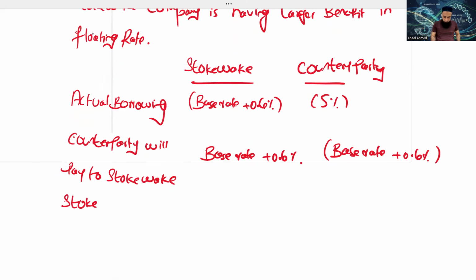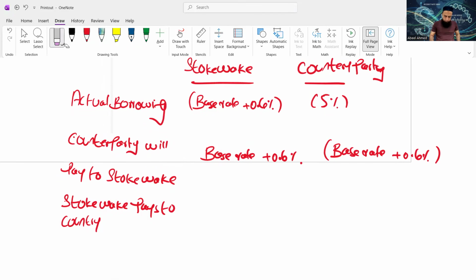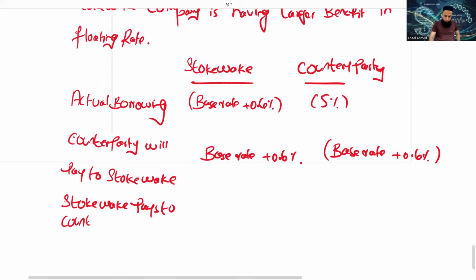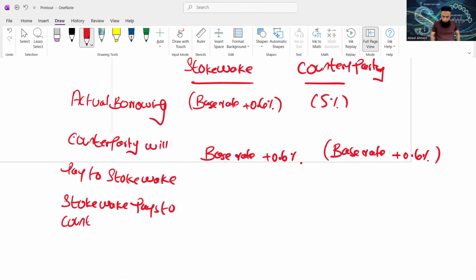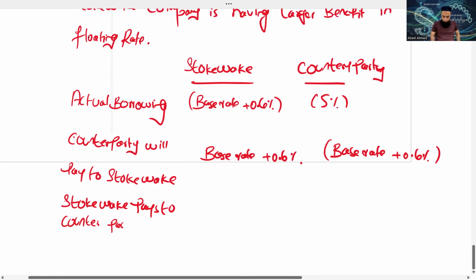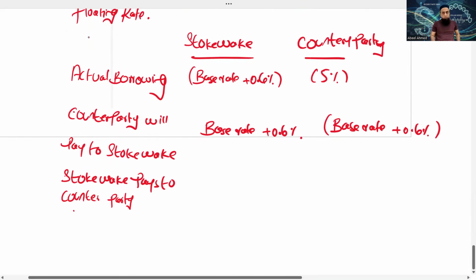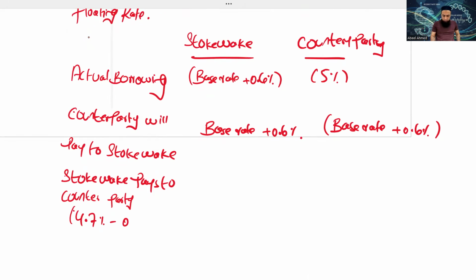So Stoke Wake pays to counterparty. Stoke Wake fixed rate is 4.7%. The benefit we are deducting is 0.25.